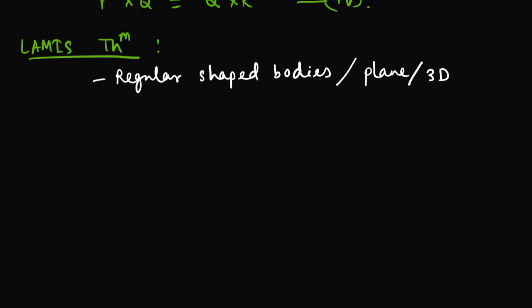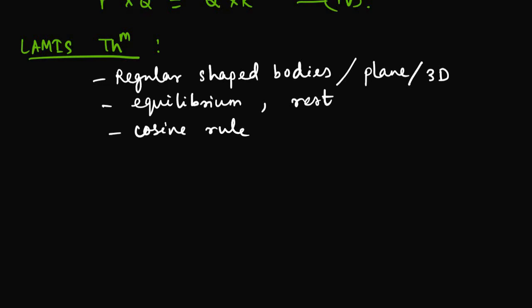The object must be in equilibrium and not in motion, that means at rest. And the cosine rule is applicable here. I will show you how. It is also only for coplanar forces and concurrent forces.